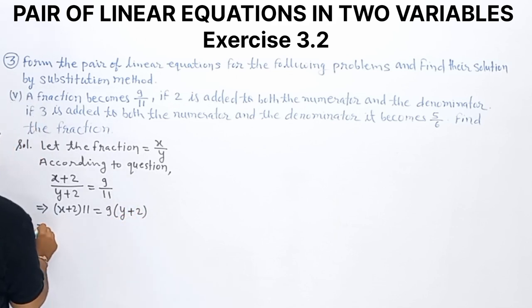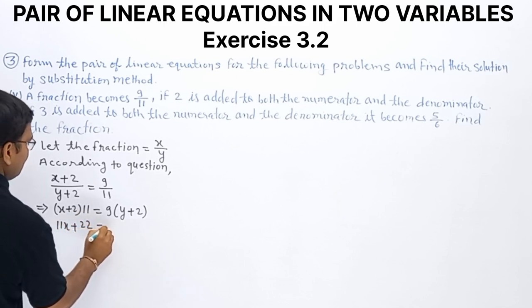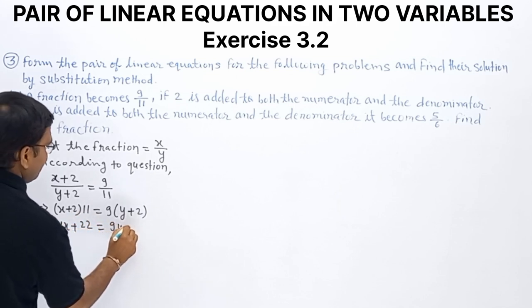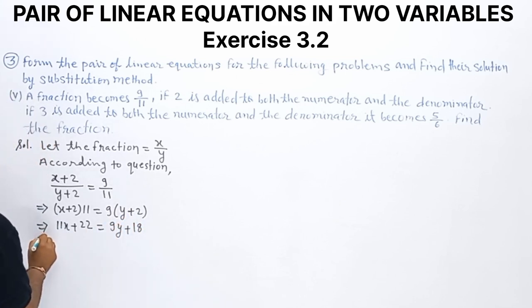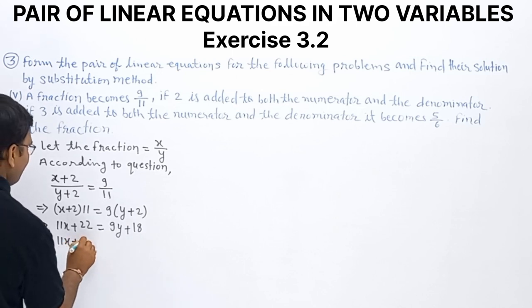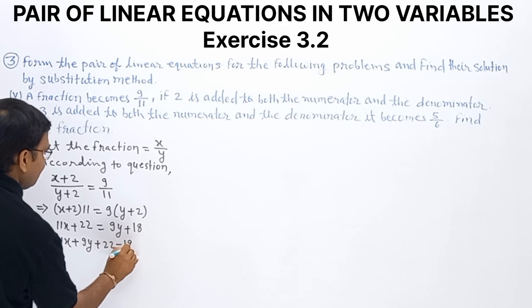This can be written as 11x plus 11 times 2, that is 22, equal to 9y plus 9 times 2, that is 18. Solve this: 11x minus 9y plus 22 minus 18.